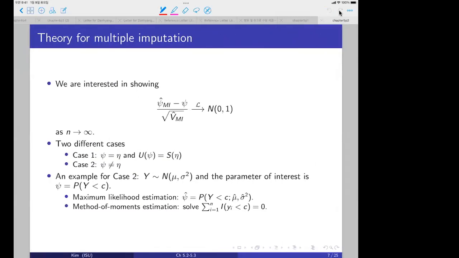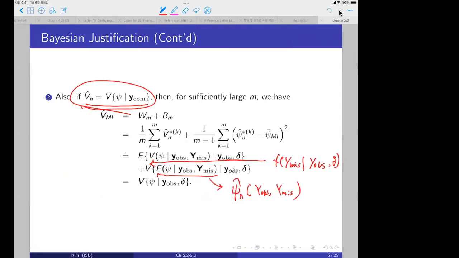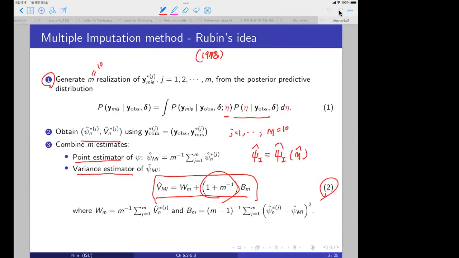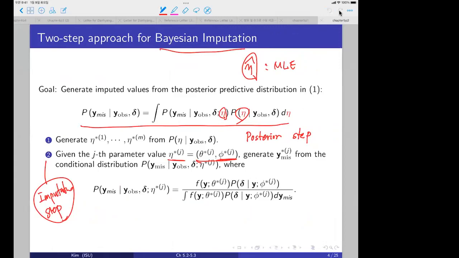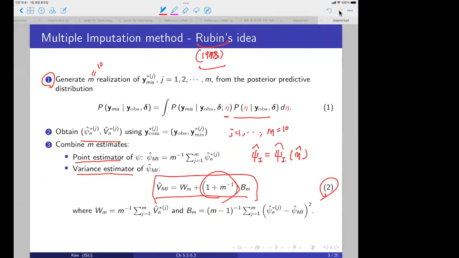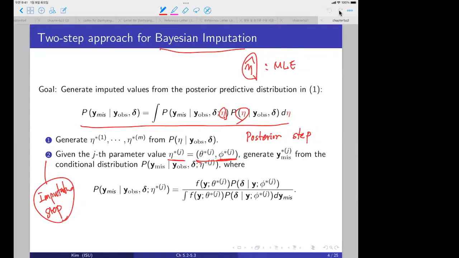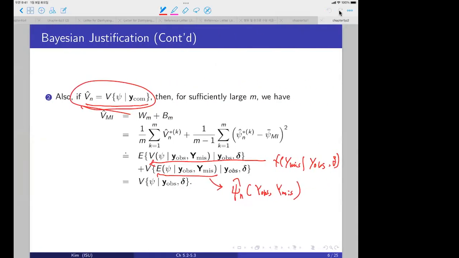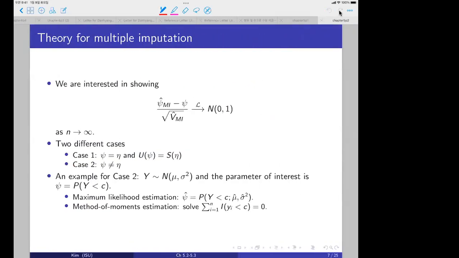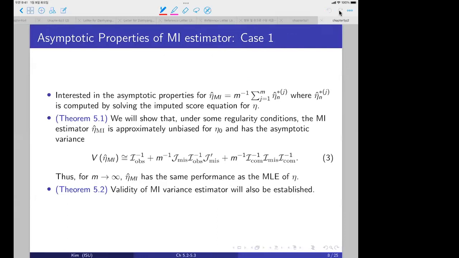So that is actually a summary of the theory of Bayesian multiple imputation. That is quite interesting because Rubin developed multiple imputation in 1978, and he was a professor at Harvard with a lot of students working on multiple imputation, but they were not really able to give a theory or prove anything.